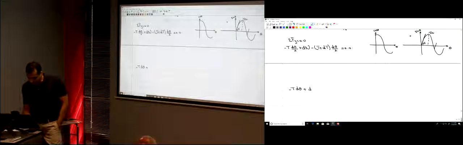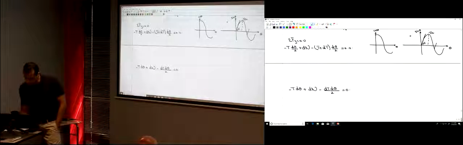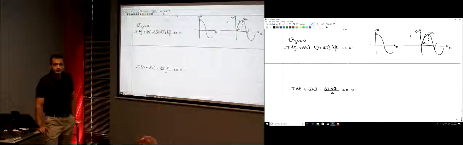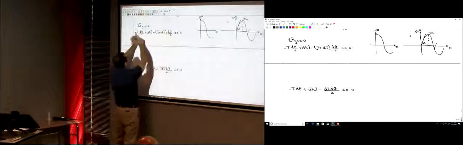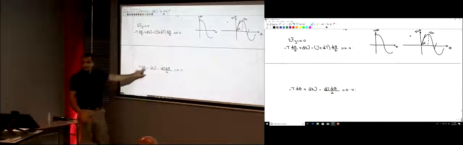Plus dN, negative dT d theta divided by 2 has to be equal to 0, right? You agree with this? I just summed those two terms, so it became negative T d theta.